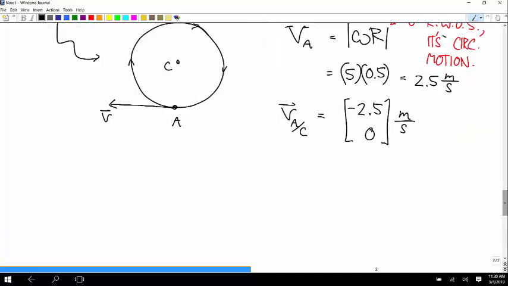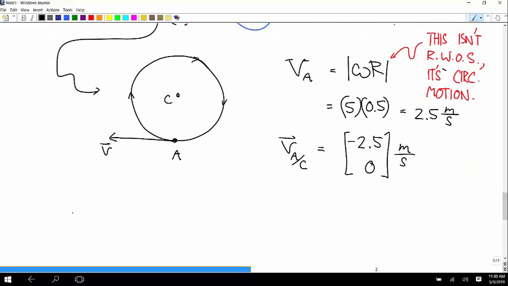Okay. So now we can put it all together. The velocity of the point A relative to the ground is equal to the velocity of the point A relative to the center plus the velocity of the center relative to the ground.